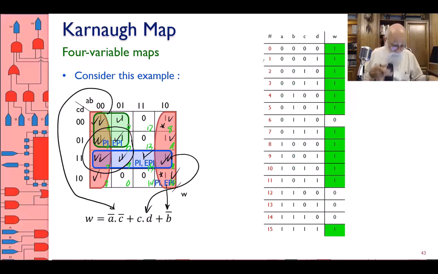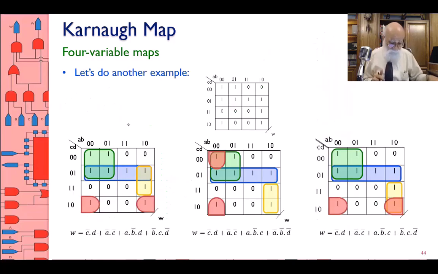All right, we're going to be doing more examples. Let's look at this particular example. This is what we are starting with, and without looking at the maps down below, let's look at the map on top. This is a prime implicant.